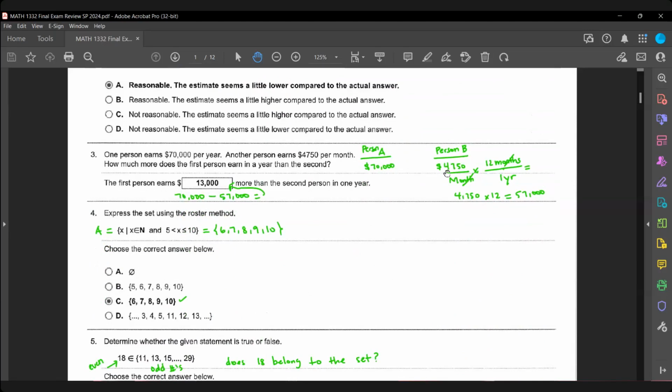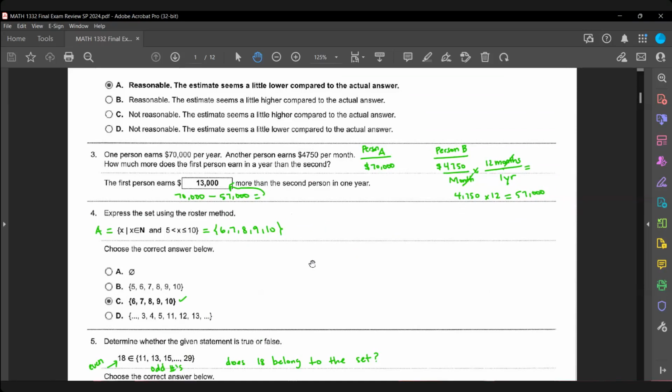Since they're making $4,750 a month, multiply that by 12, because 12 months is 1 year. That came out to 57,000. The first person earns more than the second person. How much more? I take a difference, and that answer is 13,000.